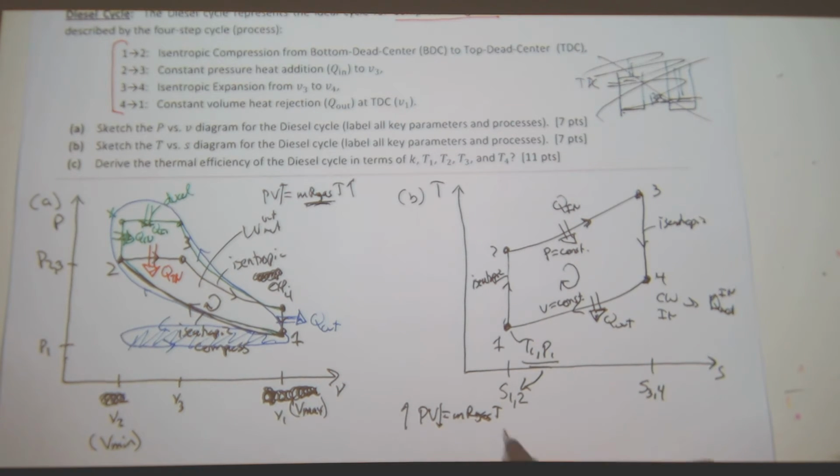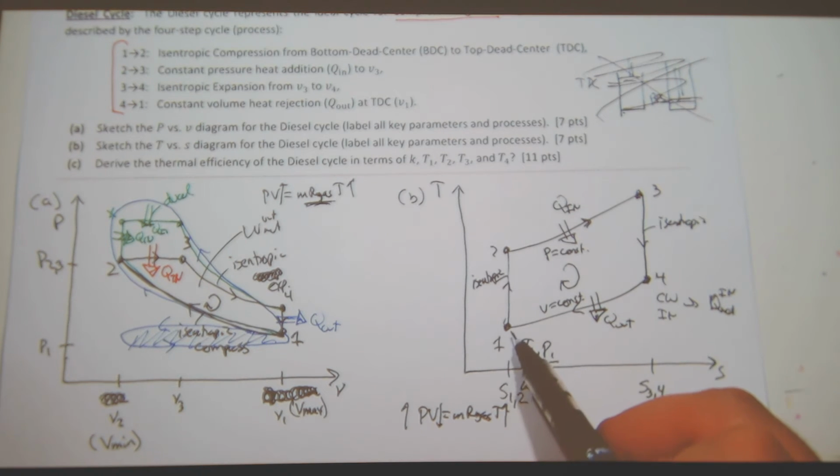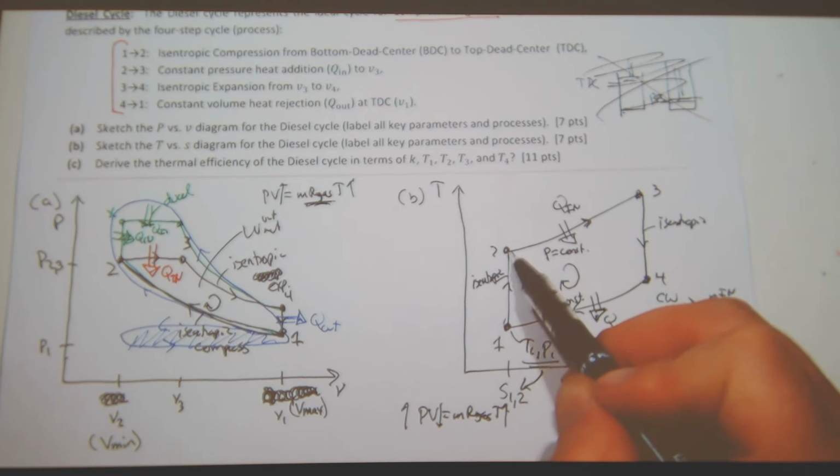This seems a little bit complicated, right? But I compressed it, and it turns out that I increase the pressure more than I decrease the volume, and the temperature goes up. So when I compress it, I'm increasing the temperature.